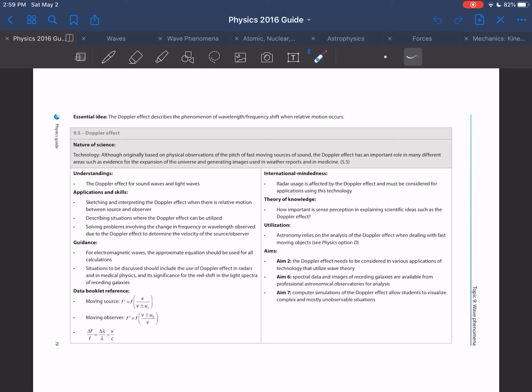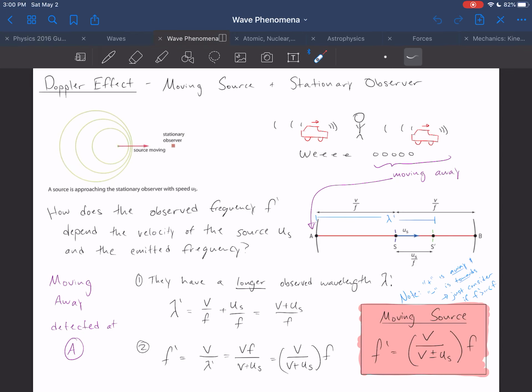Hello everyone. In this video we will continue to examine topic 9.5, the Doppler effect, and in particular we will continue to examine moving sources. In the last video we examined the relationship between the emitted frequency and the detected frequency, or observed frequency, for a moving source moving towards a stationary observer.